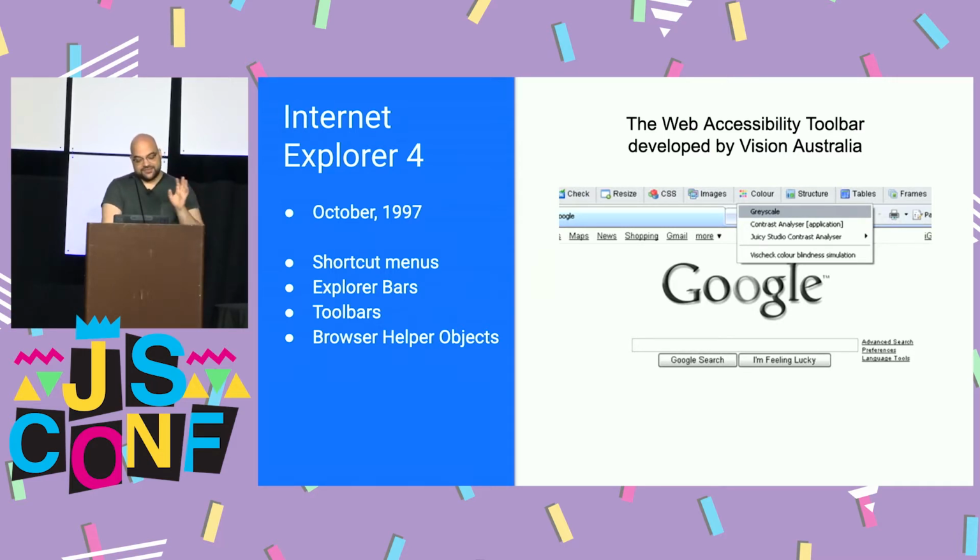Anyway, this one that we're looking at right now, the web accessibility toolbar produced by Vision Australia, would let you do things like preview a grayscale mode or see what your web experience would be like for colorblind users, or expose in a visual way the accessibility tree. It was actually a pretty cool extension that helped a lot of developers.